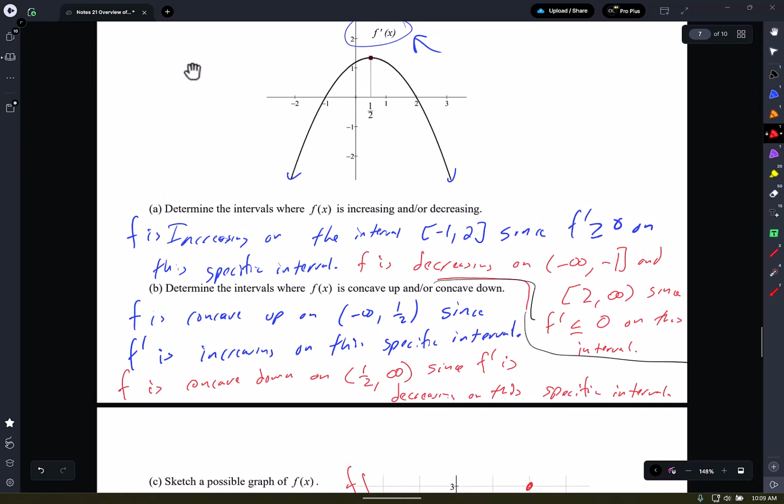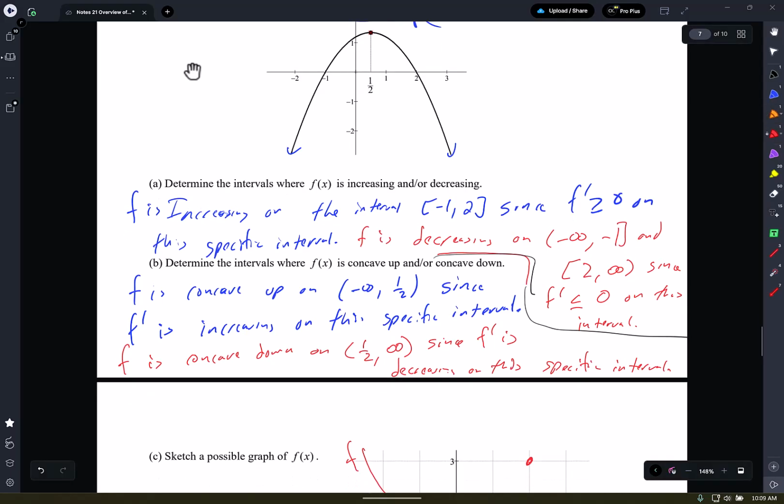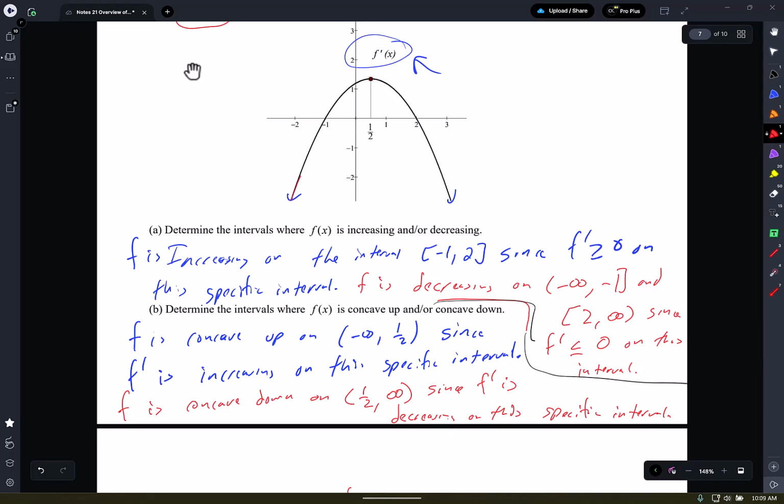From -1 to 1/2, I am increasing and concave what? Concave up because f prime is increasing. I'll even color code it, guys. I did that in red, so this part is in red. What color do I want to use next?